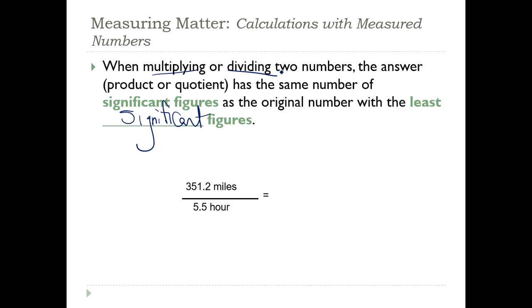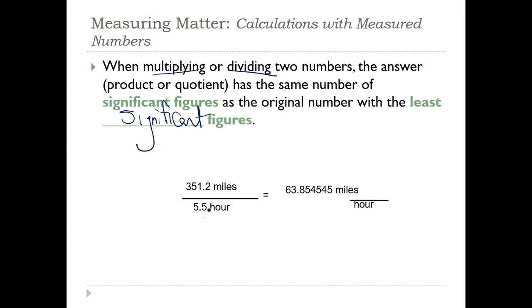So that's important. We want to look at the original value or measurement with the least number of significant figures. This one has how many? 4. This one has 2. Even though you may plug this into your calculator, divided by, you would get this value, but you would not write this as your final answer. How many sig figs should we report our final answer to?